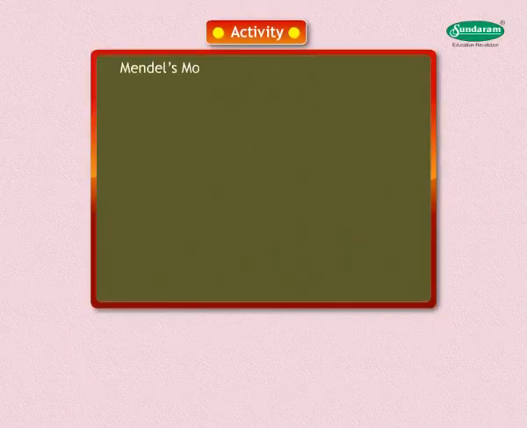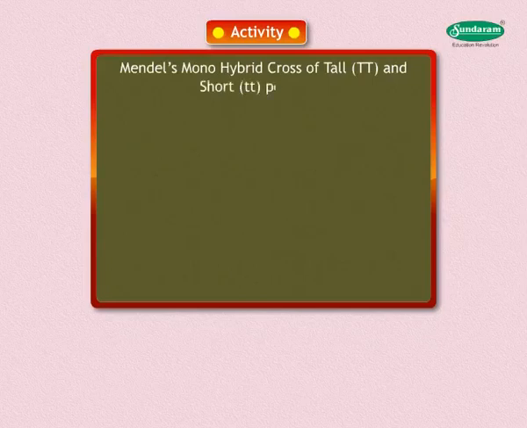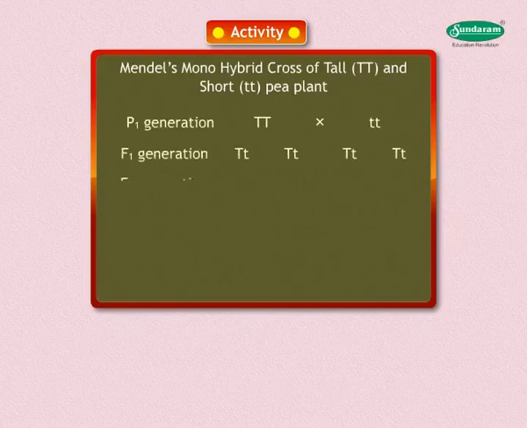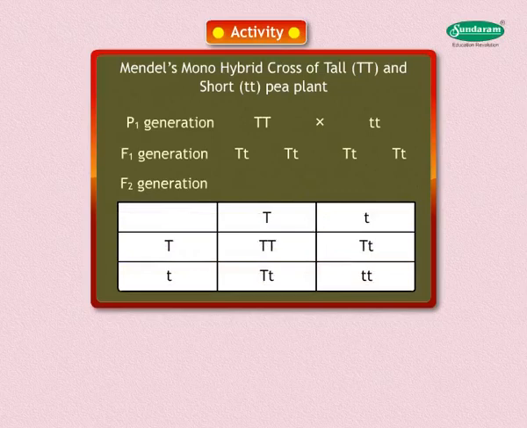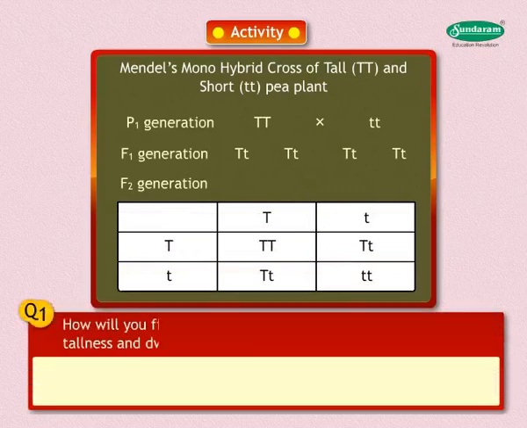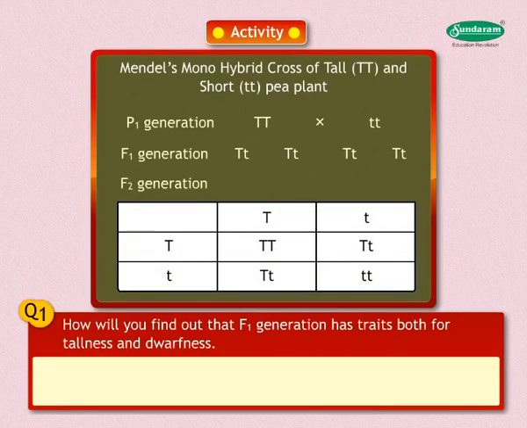With the help of a table, show Mendel's monohybrid cross of tall TT and short tt pea plant. Mendel's monohybrid cross of tall TT and short tt pea plant is shown in this way. How will you find out that F1 generation has traits both for tallness and dwarfness?